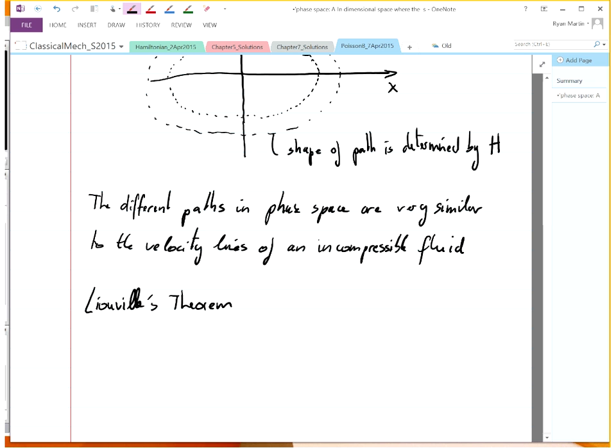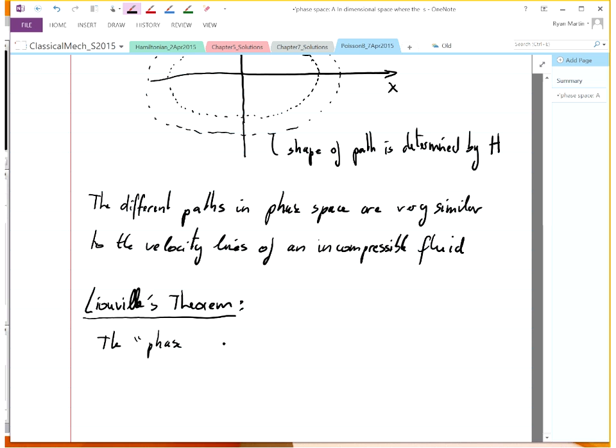If you can't read my handwriting, it's like the baseball bat. So Liouville's theorem says that, indeed, this can be described by the same equation as in fluid dynamics.